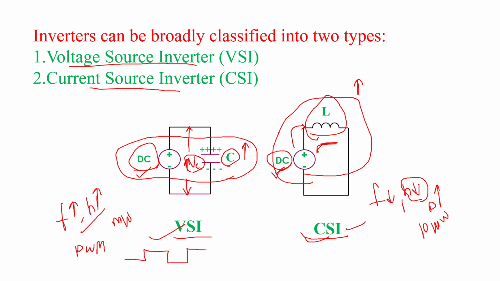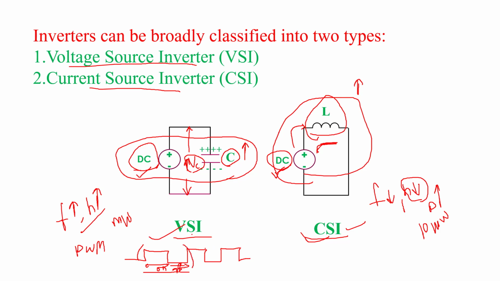And we know that the switching speed of the IGBT and MOSFET used in the inverter is very high. So this is the turn on time of the switches, and this is the turn off time of the switches, and this is the total time period. This is on time or this is off time. So to control the width of the pulse, here we control the switching of the device.